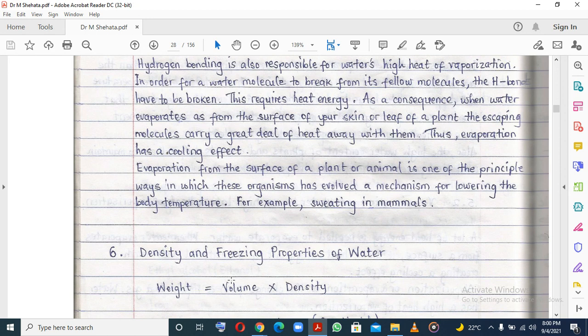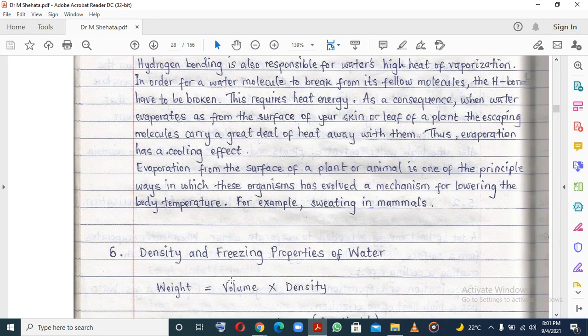There is a lot of heat on your skin. So the sweat on your skin, due to the heat on your skin, is going to break the hydrogen bonds, and then the water is going to vaporize.